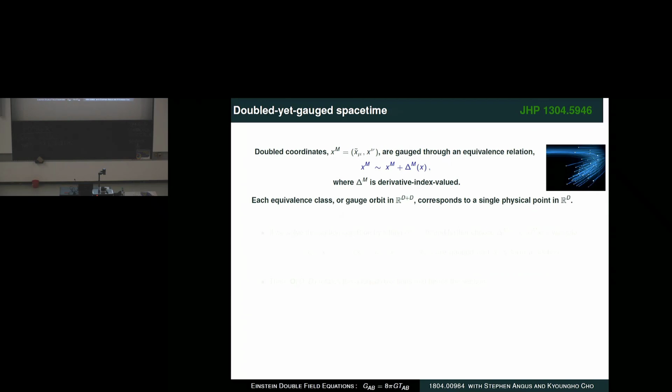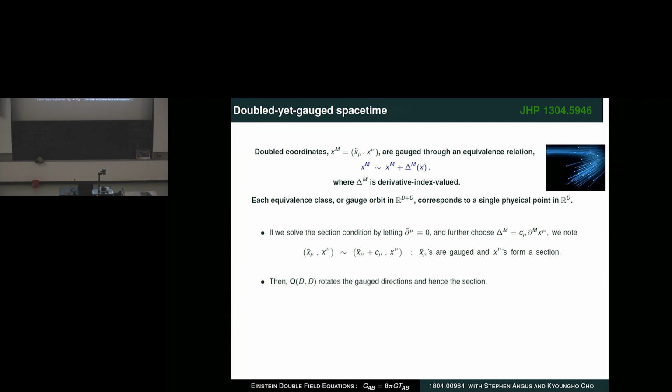With some technical motivation, which I won't discuss here, I propose that the doubled coordinates in double field theory are actually gauged through an equivalence relation, where this delta M is a derivative-index valued one-form. So each equivalence class, or gauge orbit, in doubled coordinate space now corresponds to a single physical point in R^D.